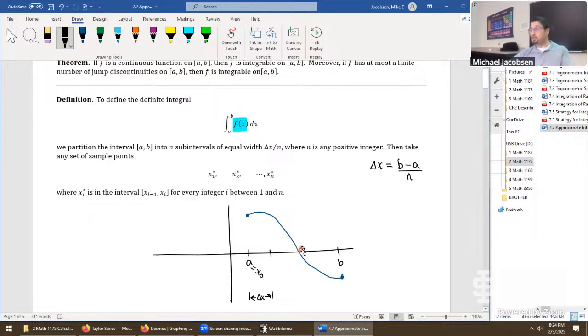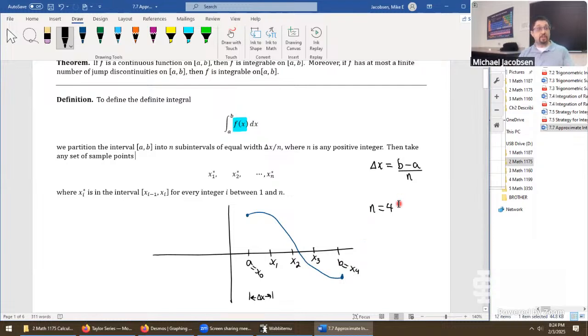Every time you write down those tick marks, even if it doesn't look great on the picture, just use your imagination. It's intended to be the same width. This will be x1. That'll be x2. That'll be x3. And again, pretend that's equal width right here. This b would be x4. So this is a picture when n is exactly 4.